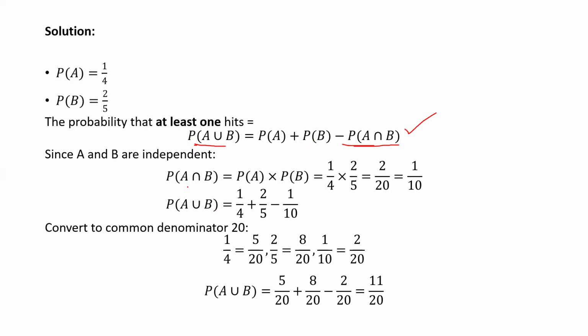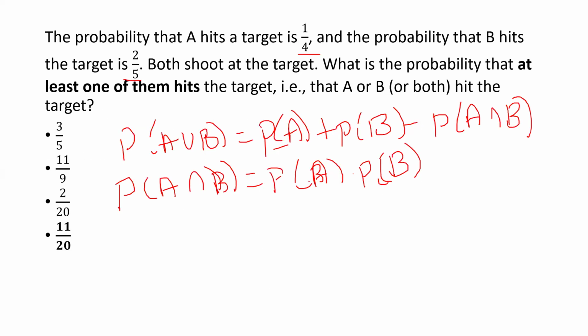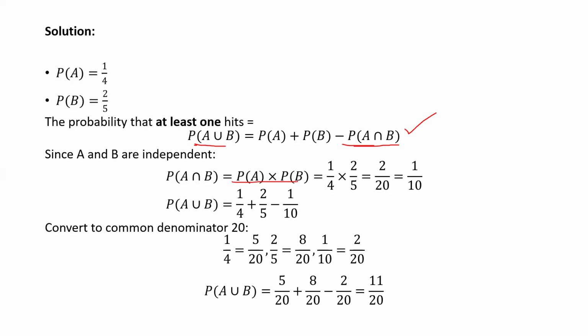I told you already, P of A dot P of B. Now 1 by 4 into 2 by 5, multiplying. So what is the value? 2 by 20, so my value is 1 by 10. This is P of A intersection B.